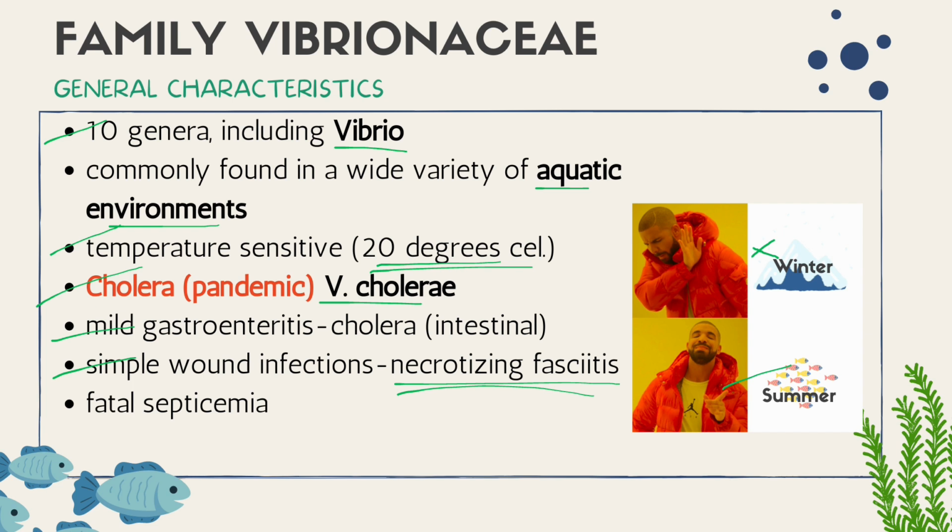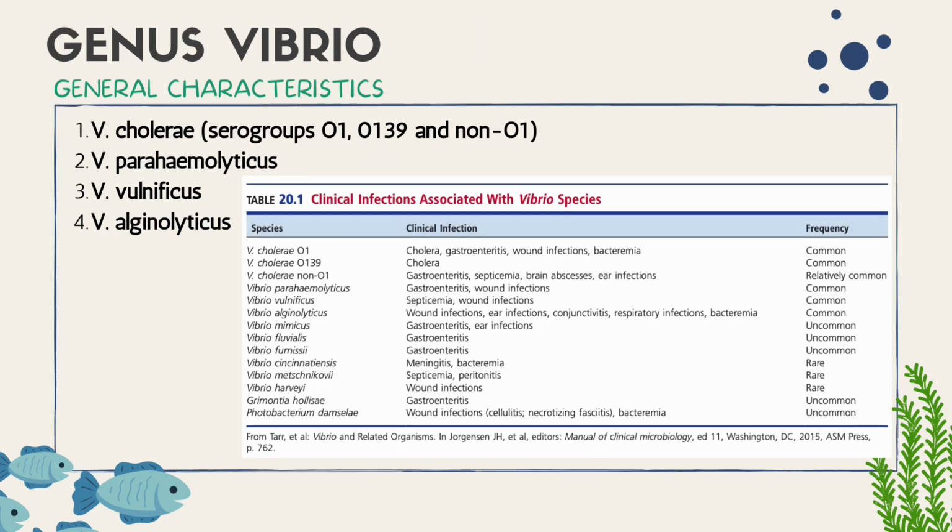So, let's check who causes this particular disease. They can also cause fatal septicemia if untreated. So we have a lot of species under the genus Vibrio, but we will be focusing our attention on the 4 most commonly isolated organisms. So we have your Vibrio cholerae, which is the most common Vibrio under this genus.